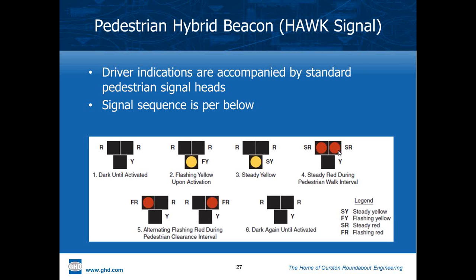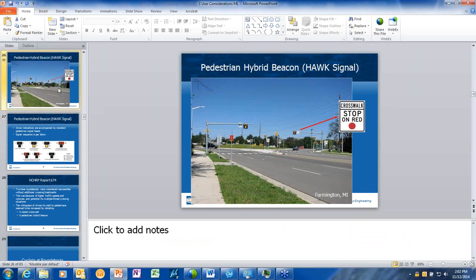In essence it's a brand new device, but relying on our conventional flashing red and solid red indications to tap into what drivers understand, their existing expectations for the use of red.